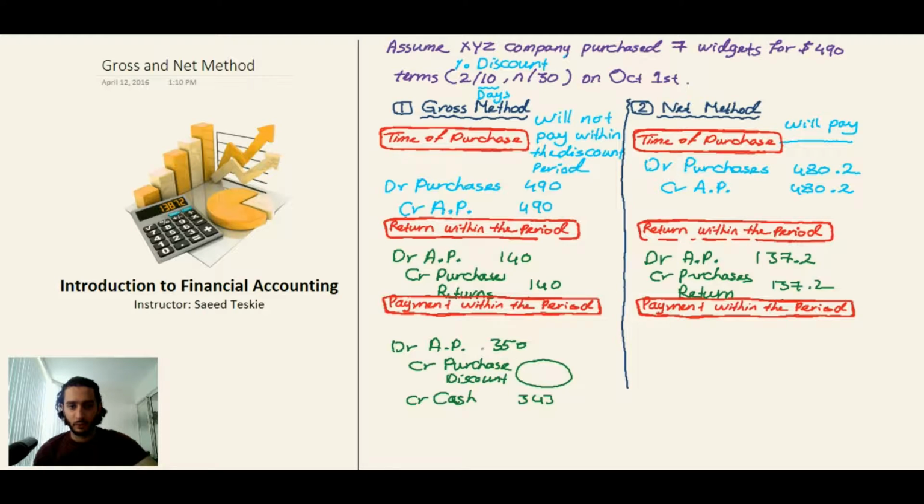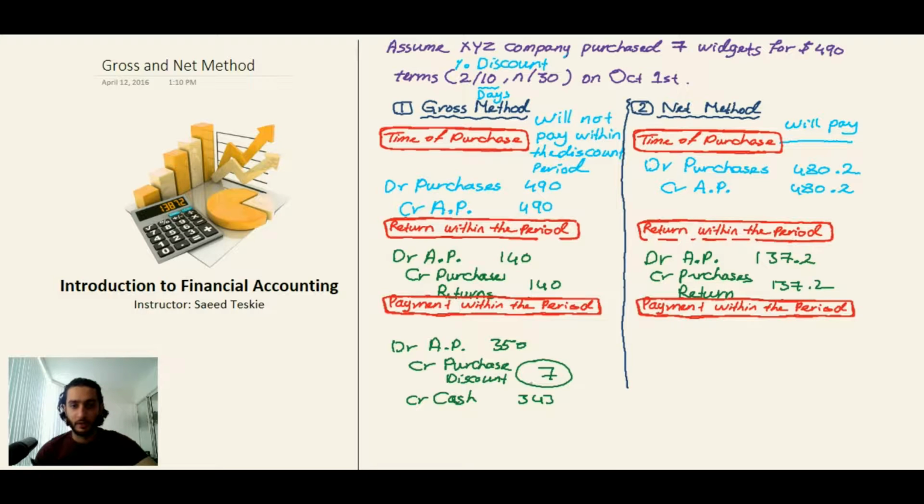What is the difference between the debit and the credit? With every single journal entry that you make, make sure that the total debit equals the total credit. So 350 and 343, there will be $7, the discount.